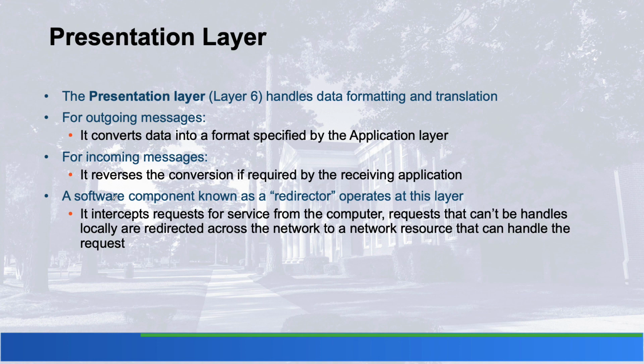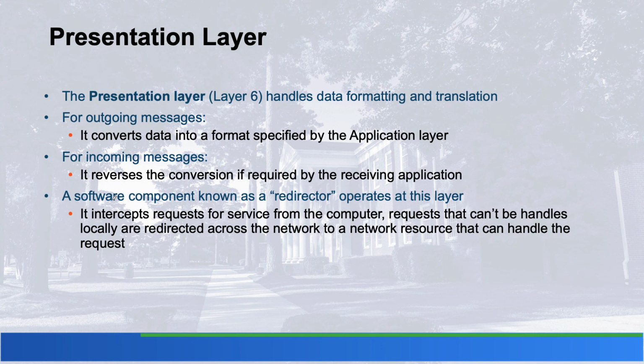The presentation layer, the layer directly under the application layer, handles the formatting and translation. So it converts the data into file formats. So you have the JPEG format, or the portable network graphics format, the PNG format, or the GIF format. All of those specifications for those types of files live at layer 6.